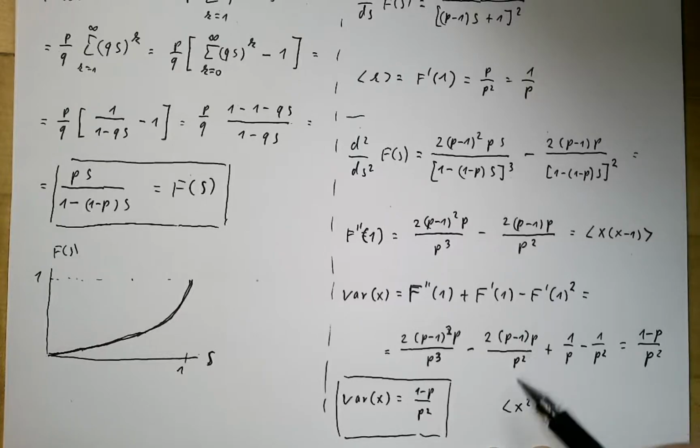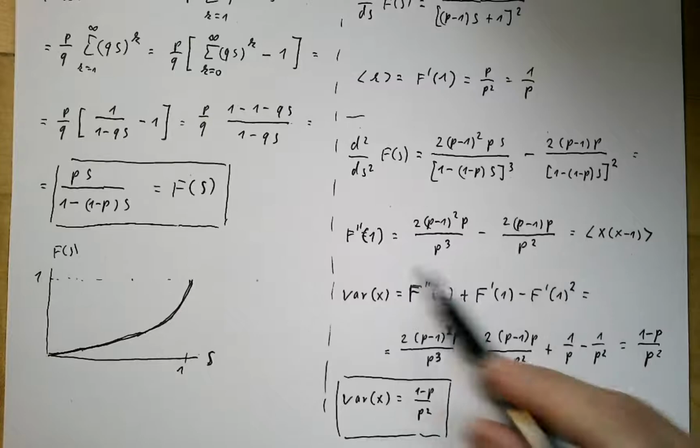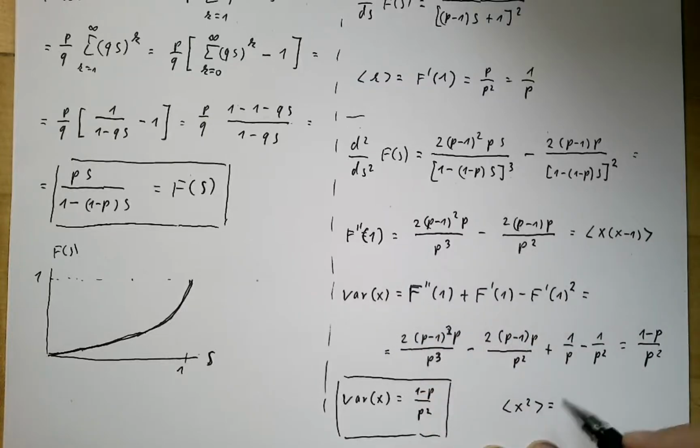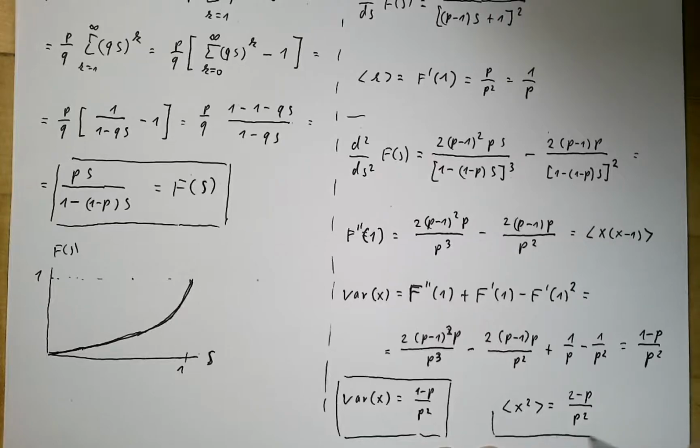When you now have this result and this result, we can also obtain the second moment, which is then 2 minus p over p squared. And in a similar way we could now calculate higher moments if you take further derivatives.